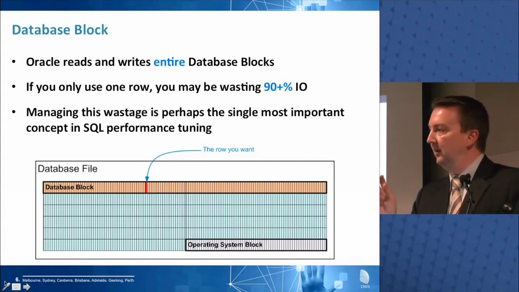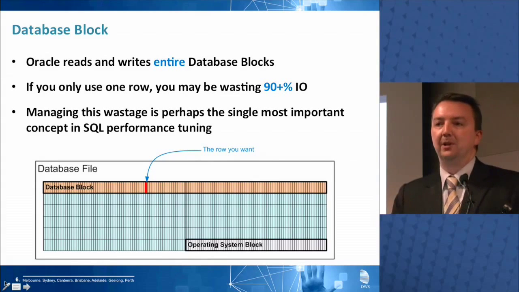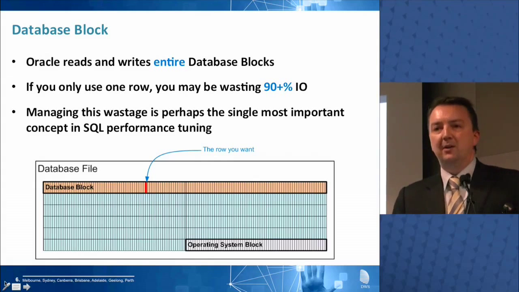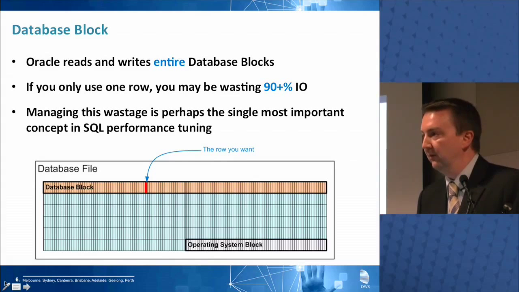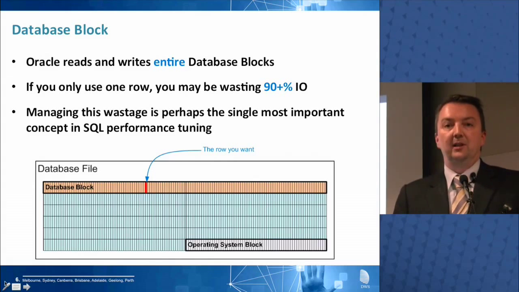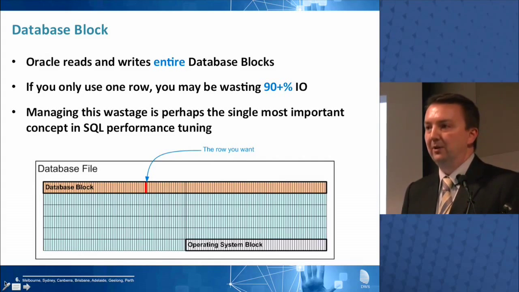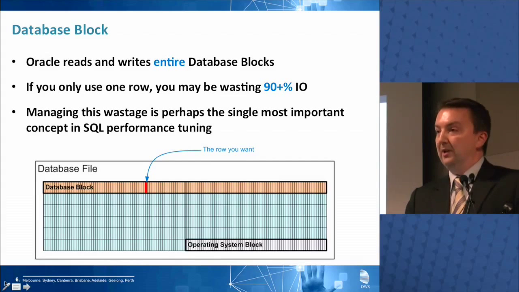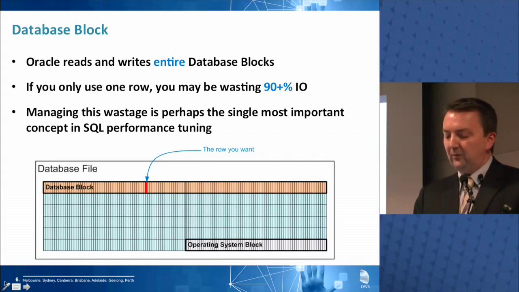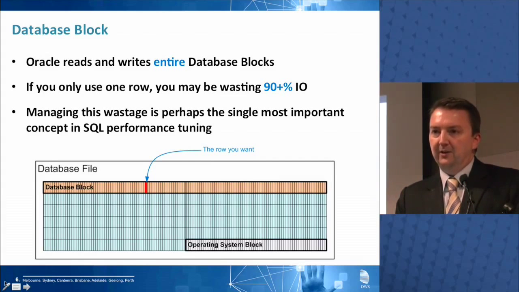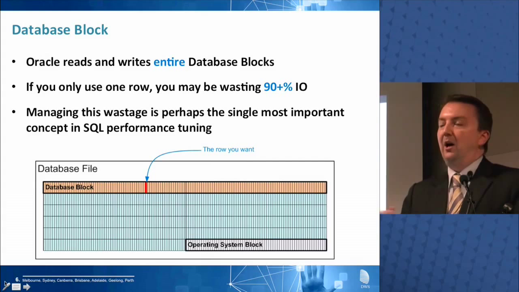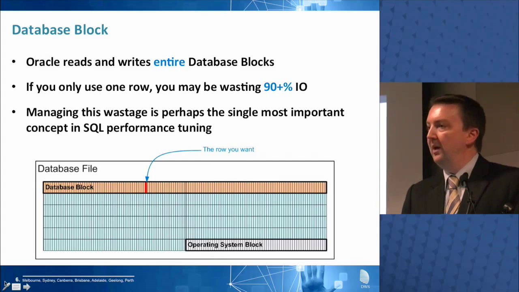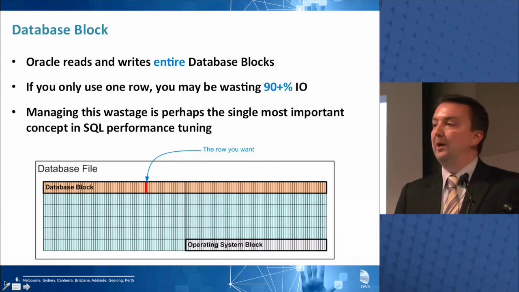We're interested in retrieving and manipulating and perhaps displaying a single row. But we can't read a single row from the database. We need to read a single database block from the database. And that database block may contain 100 rows, might contain 500 rows. So if you think about the I/O that you're performing, you think you're reading one row. You're not. You're reading one block. And you may have a terrible amount of wastage there.